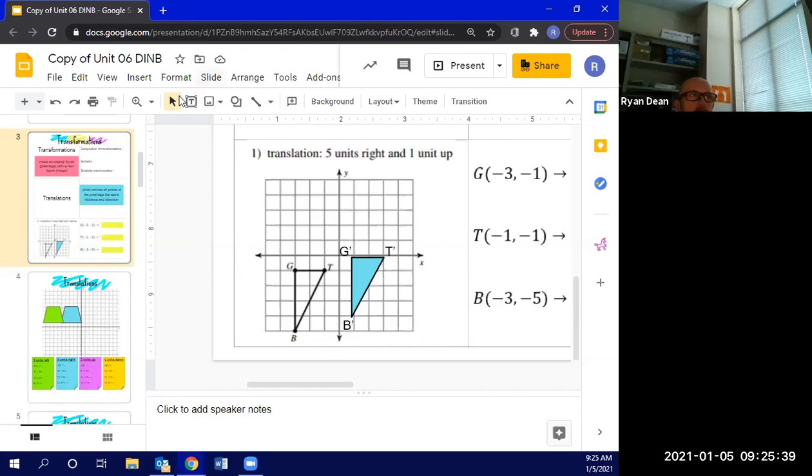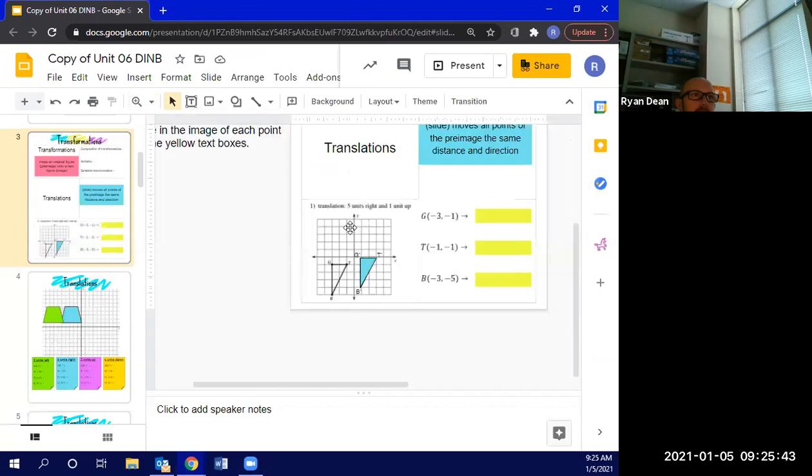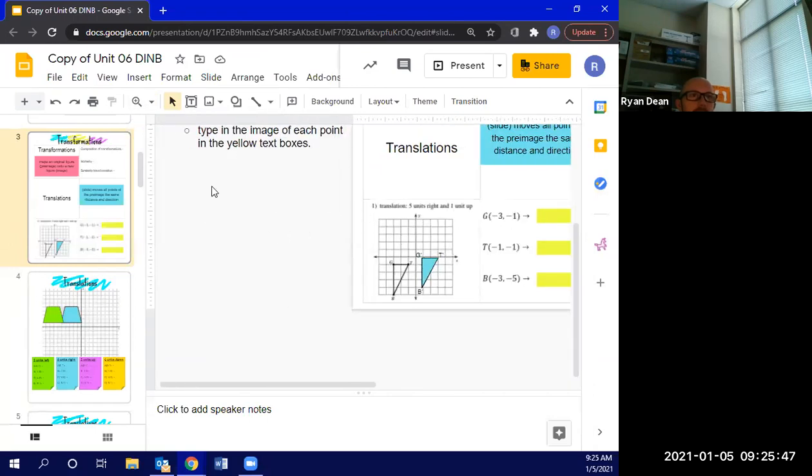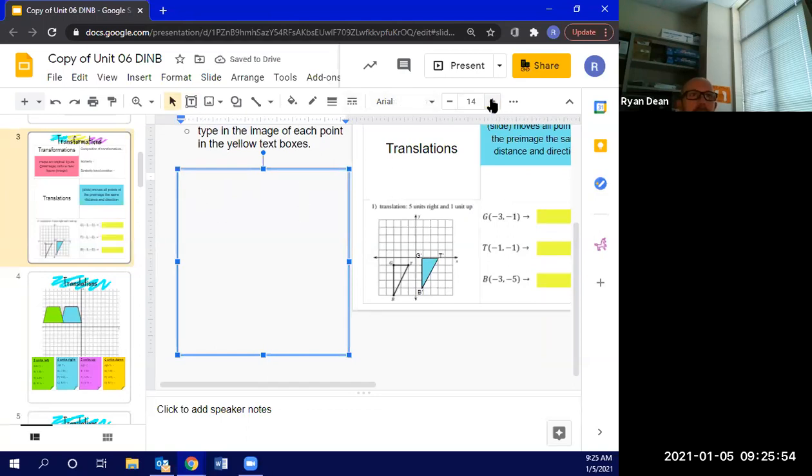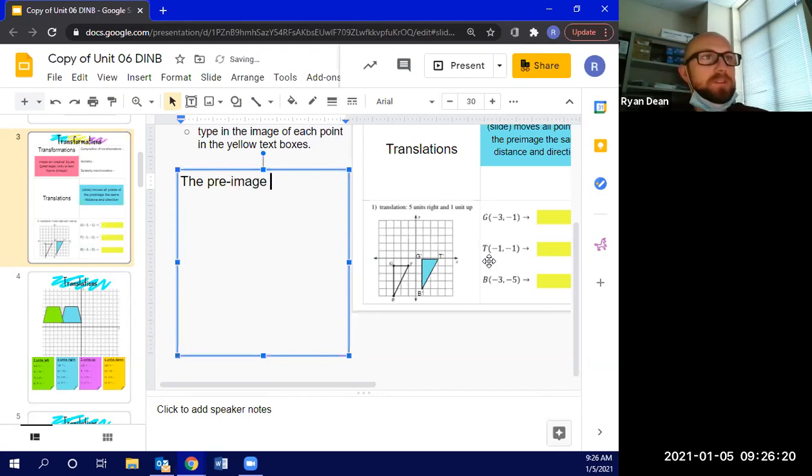Okay, so in your notebook, you're going to want to write down a couple of things. And the first is over here. I forgot to put in a text box for you, but over here, we're going to type in a few things. The first being that we need to define what the letters represent and what the shaded pictures represent on our graphs. Okay, so the pre-image is not shaded and does not have any apostrophes attached to the letters.